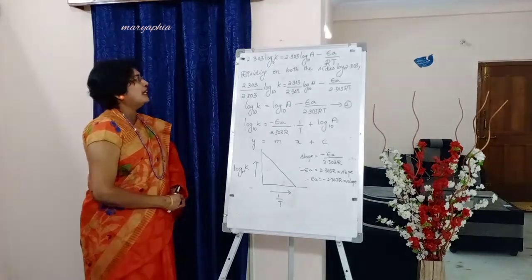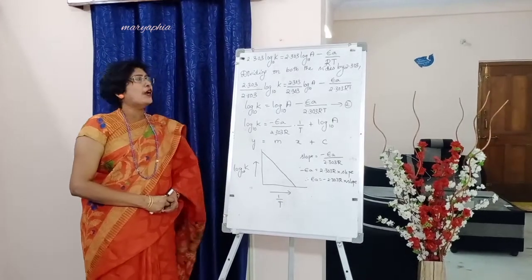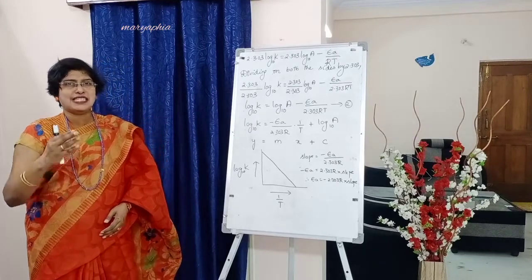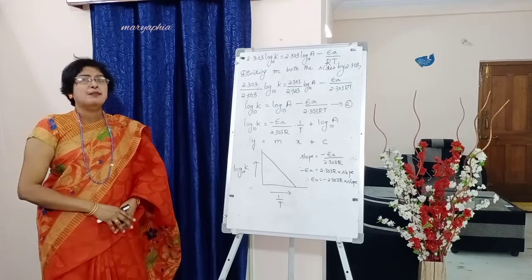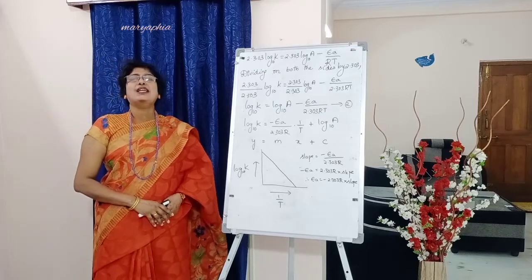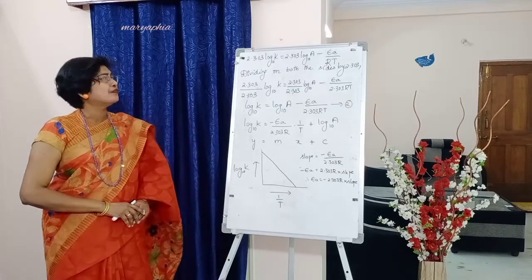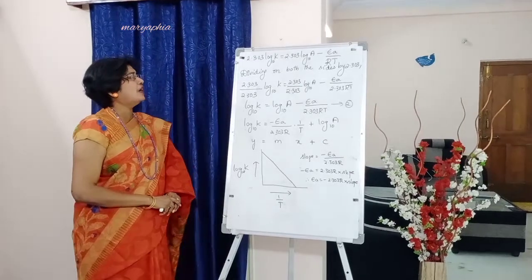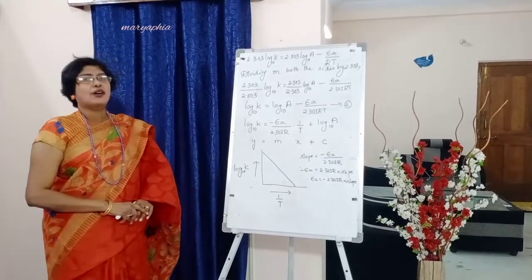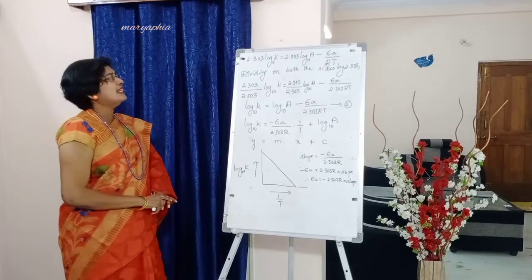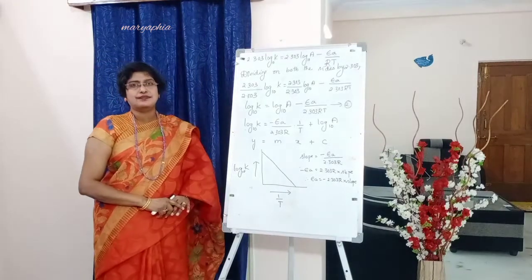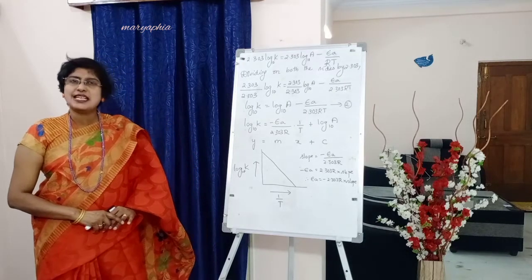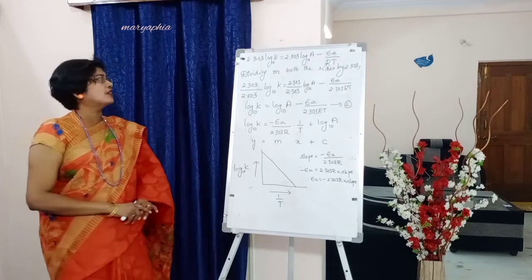So the next step is write down 2.303 log of K base 10. So here now there is no base E. We converted it into base 10 by multiplying with 2.303. Okay, so 2.303 log of K base 10 will be equal to 2.303 log of A base 10 minus EA by RT.